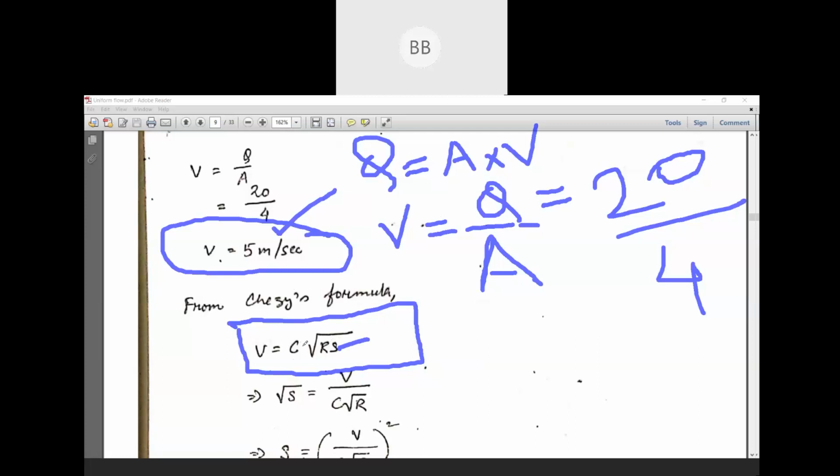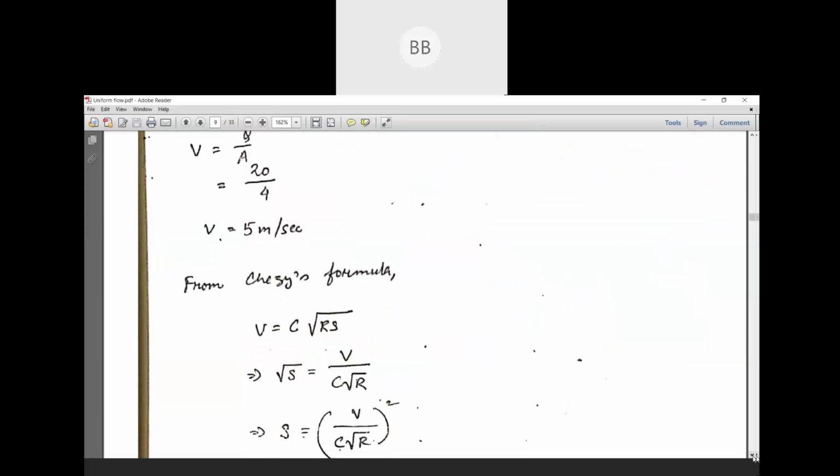Chezy's constant is already given as 50, and R is already calculated. So we have one equation and one unknown, so we can easily find out the bed slope.